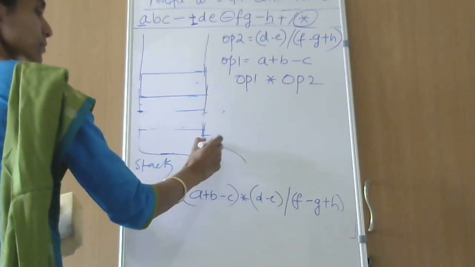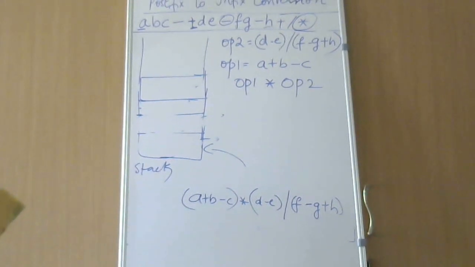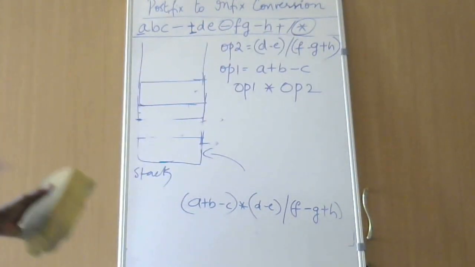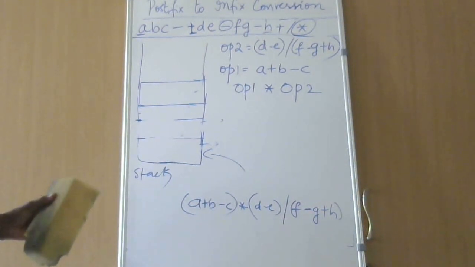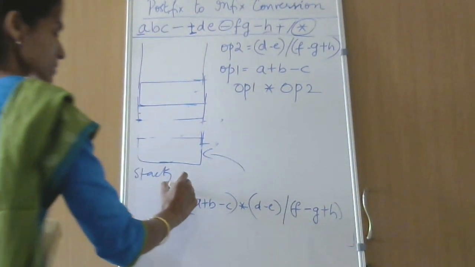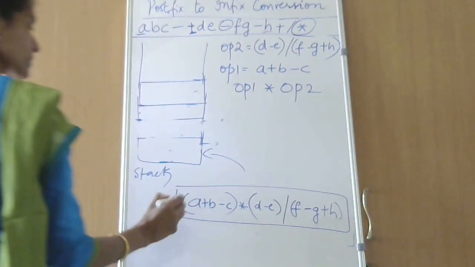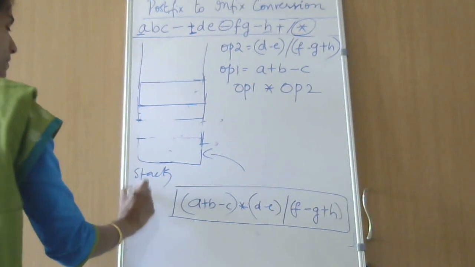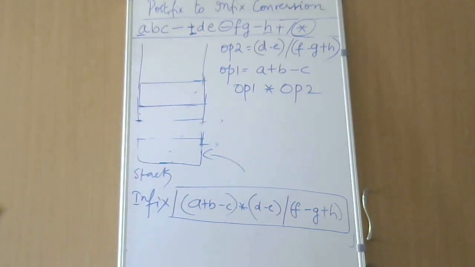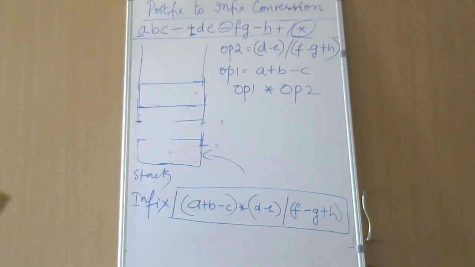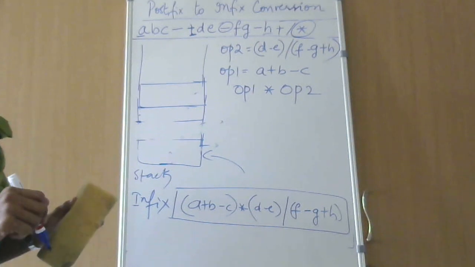This is my result which I will push onto the stack. Okay. And now since we are done with all the characters, we have to pop out the final result out of the stack and display it. So what is there in the stack will get popped out and displayed as the final result. This becomes your final infix expression of the given postfix. A plus B minus C star D minus E slash F minus G plus H.